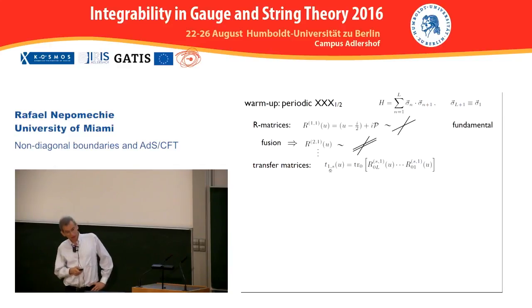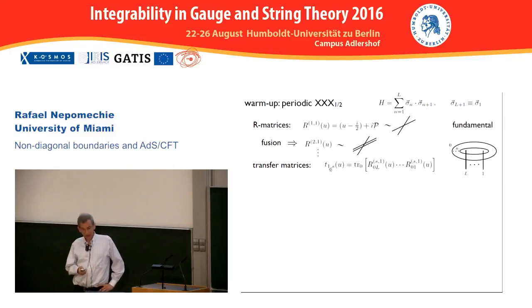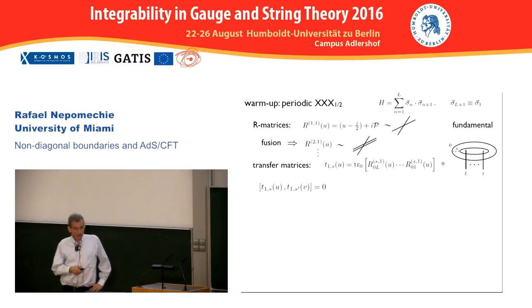And I'll denote this transfer matrix by T_{1,S} for historical reasons. And then the picture is this picture here. Again, in the auxiliary space we have this fused guy, and the quantum space just spin-a-half. And then because all of these R matrices satisfy the Yang-Baxter equation, one can show that all of these transfer matrices commute with each other.